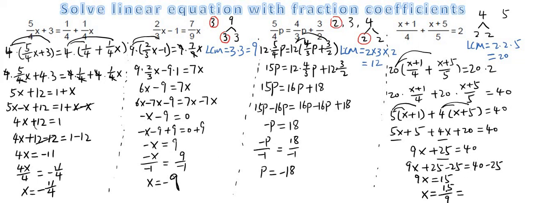And again, we can see for the 15 we can write it as 3 times 5, and for the 9 we have 3 times 3. So we can cancel out the 3 and simplify it. And the answer is 5 over 3.